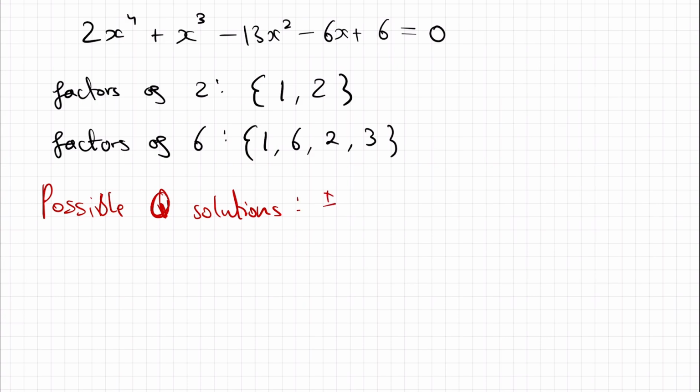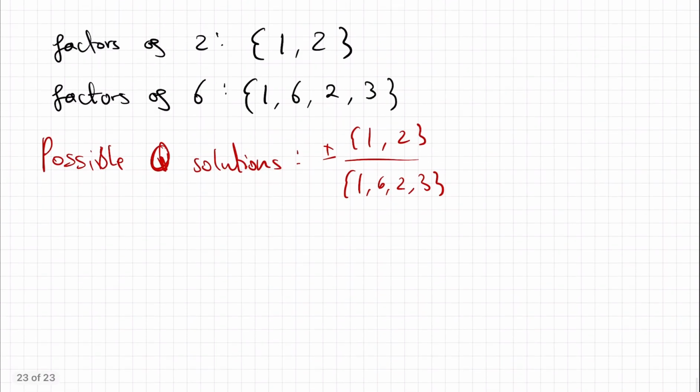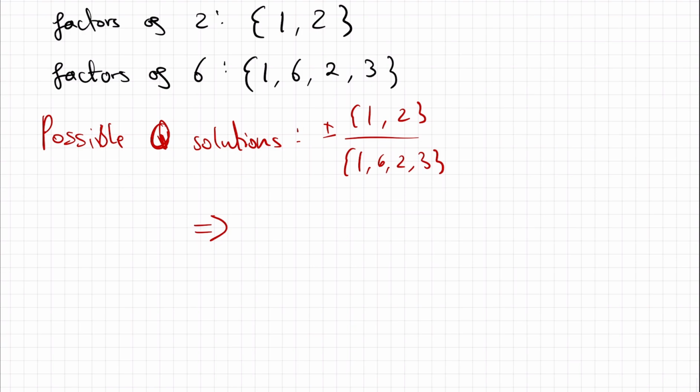So we've got plus or minus 1, 2 over 1, 6, 2, 3. I'm not going to write out everything, but if you put everything over each other, you get plus or minus 1, 2, and 1/6, 2/6, which is just 1/3, 1/2, and 1.